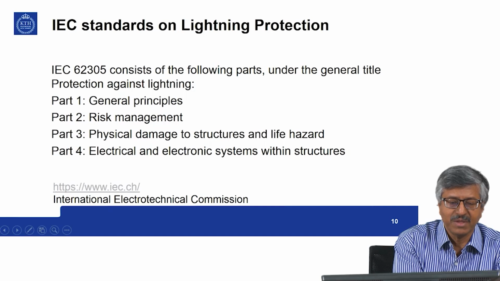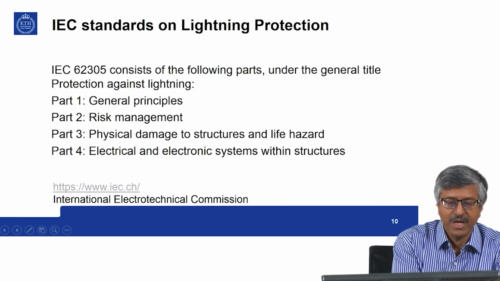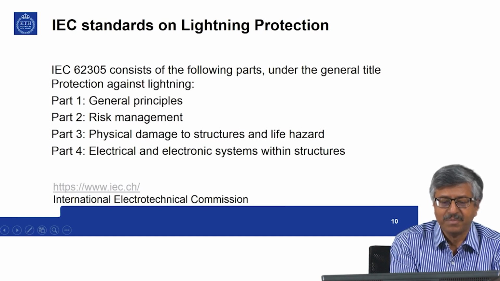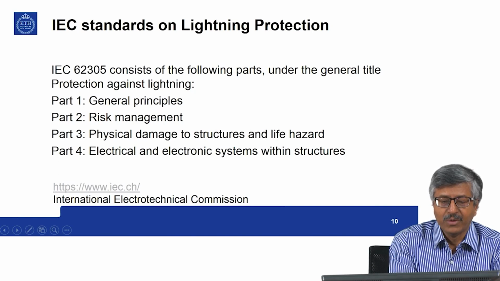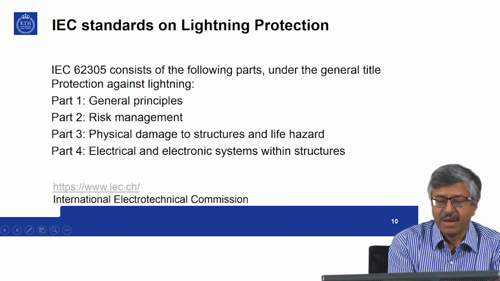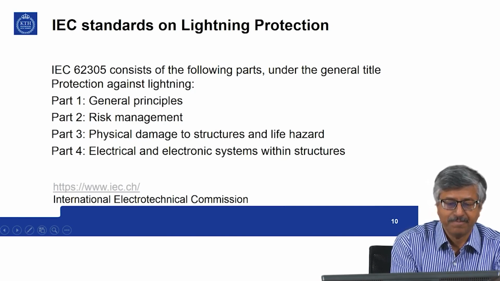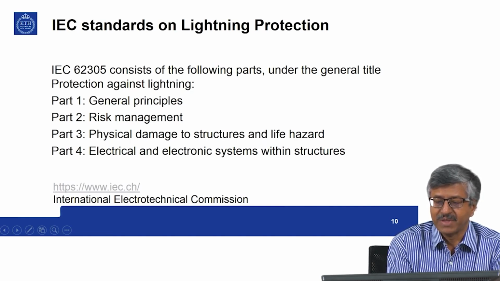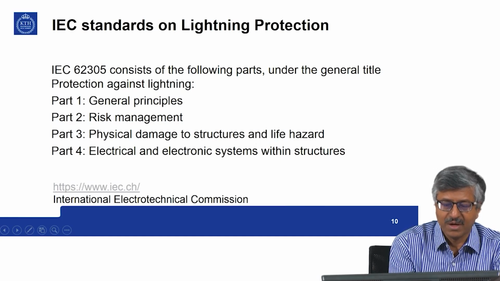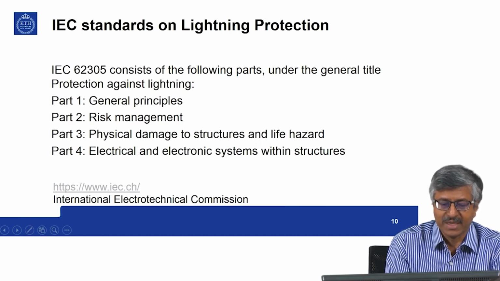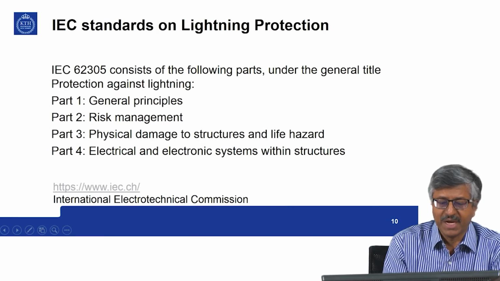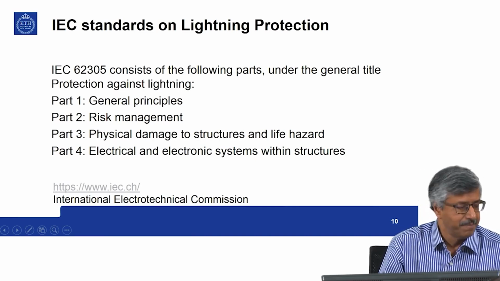Part 3 gives practical principles and examples on how to manage physical damage to structures and life hazard. Then part 4 is electrical and electronic systems within structures, how to protect regarding that. These standards you can find at this website, International Electrotechnical Commission.